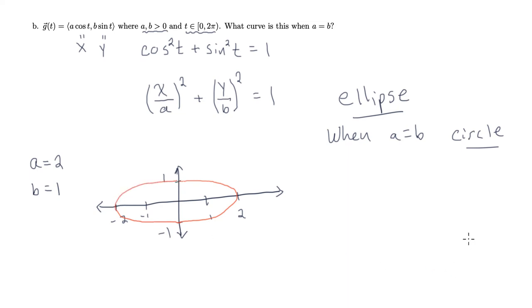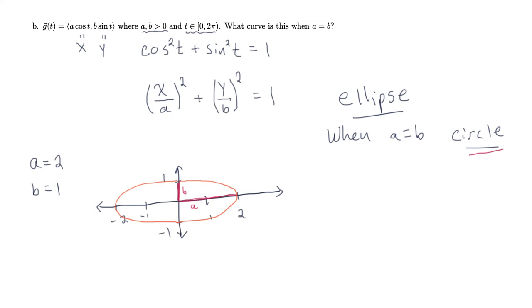Okay, so there's our curve, the ellipse, and notice, just to reiterate, this y radius is what we're saying is b, which is 1, and then this radius is a. Of course, when a equals b, it is in fact a circle, where I said that.